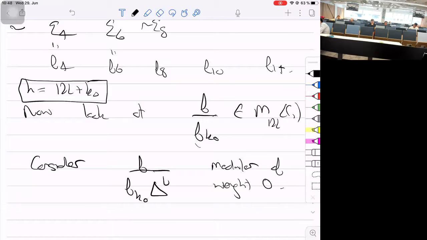And so we now have something that transforms as a modular thing of weight 0. I'm not going to say modular form because it's not, but under the transformations it has weight 0.